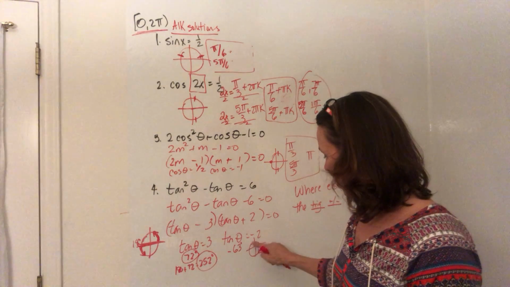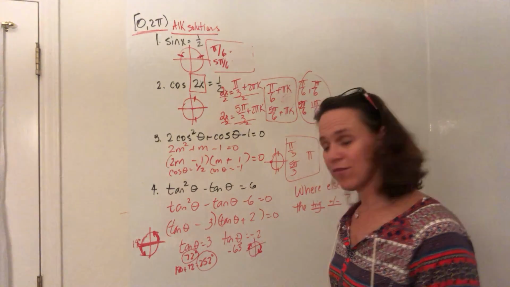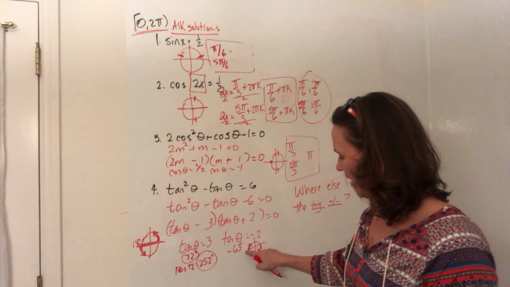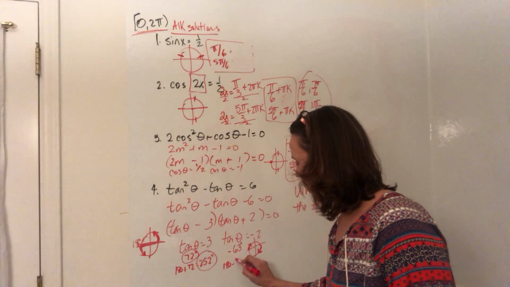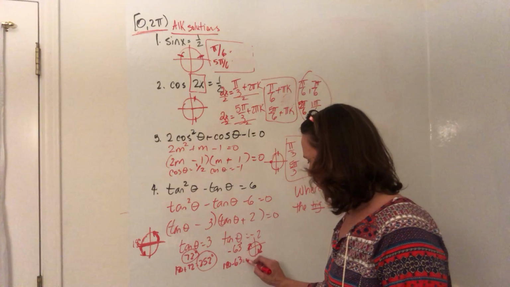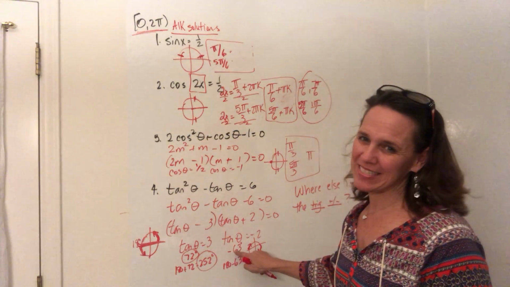Okay, tangent is also negative up here, and so if this is 63 this way, I've got to go 63 that way. So this angle right here is 180 going toward 90. So it's 180 minus 63, right? Which is 117. And then this one, can you see, you can't call it negative 63.